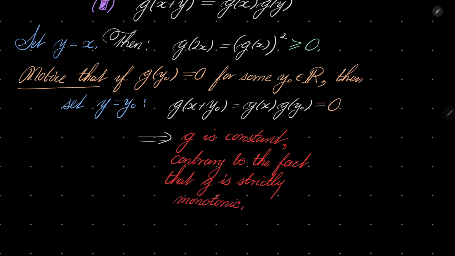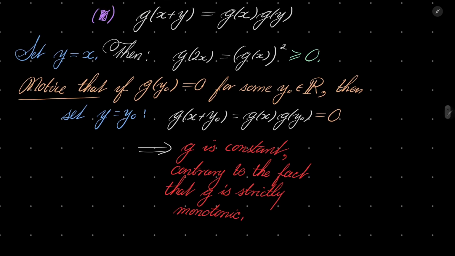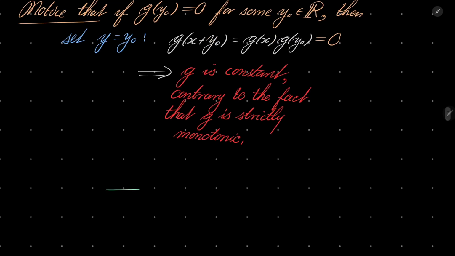So that cannot be. So in other words, combining this condition with this observation that g of y0 cannot be 0, now we see that for every real number x, g of x is actually strictly greater than 0.